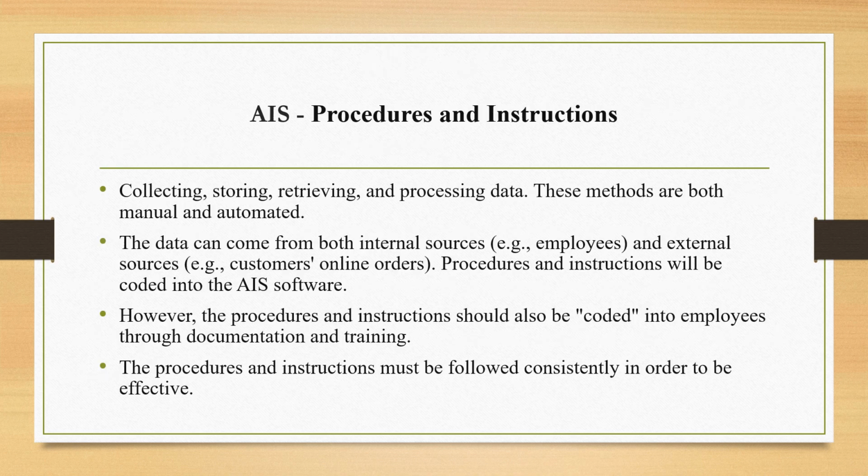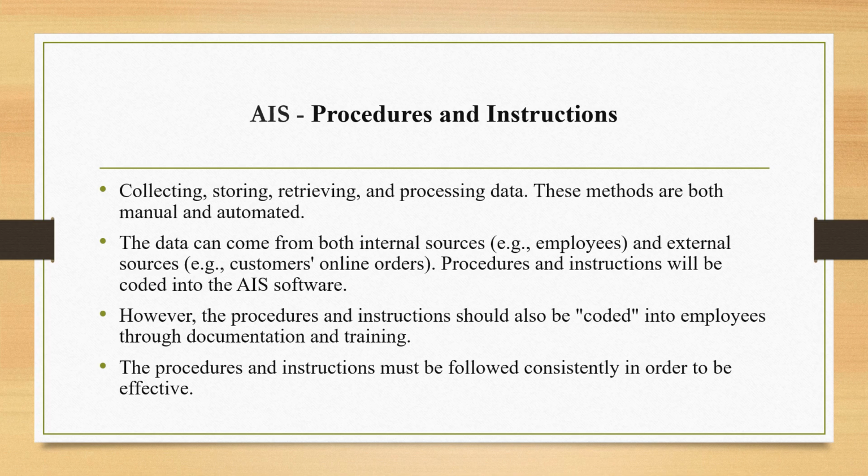Then the procedures and instructions. The procedure is collecting, storing, retrieving, and processing the data. This can be done either in a manual or an automated way. Automated means we have so many software packages available now to maintain this accounting information. The data comes from both internal sources, that is, inside a company, and external sources, like customer orders from outside.